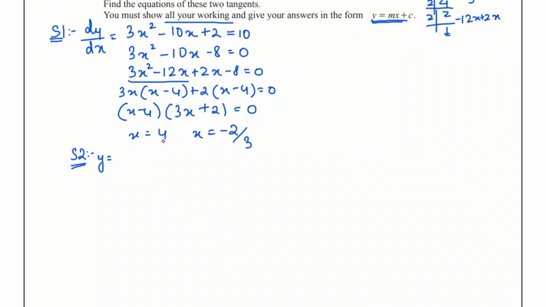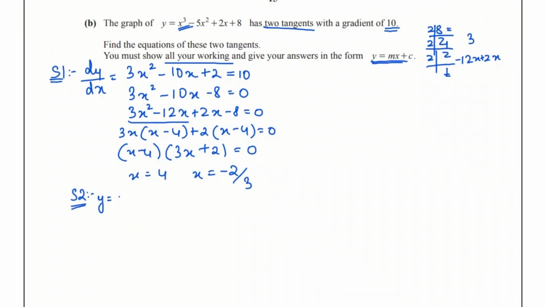So when x is equal to 4, so it's going to be, wait a minute, our equation is x cubed. So 4 cubed minus 5 into 4 square plus 2 into 4 plus 8.